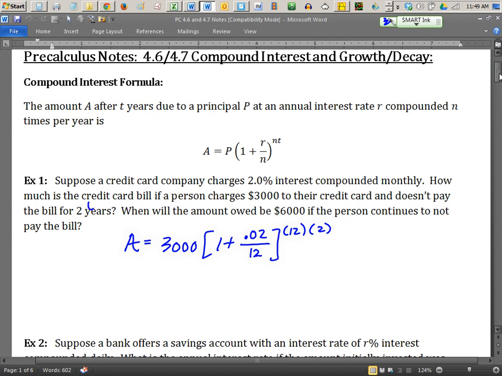Okay, so this is your T equals 2 right here. N equals 12 right here. R equals 0.02 right here. P equals 3,000 right in the middle of the paragraph there. It's pretty simple. Just type it in. Okay, so I'll give you a second to type it. Let's see how much this person owes, having not paid their credit card for 2 years.